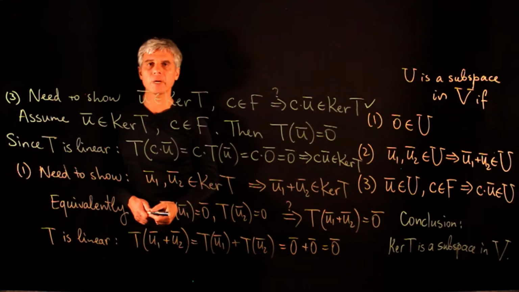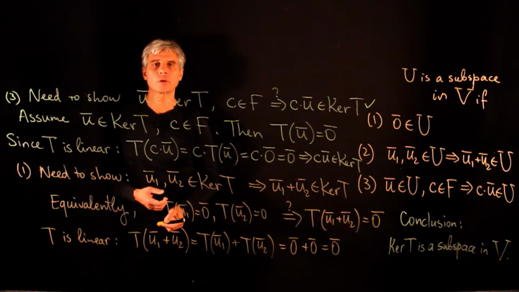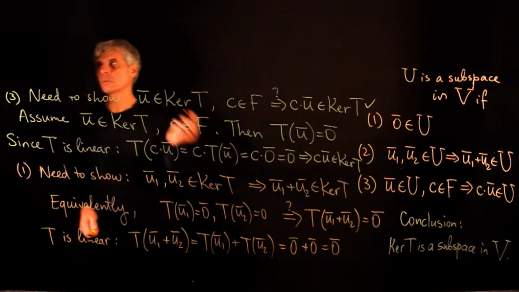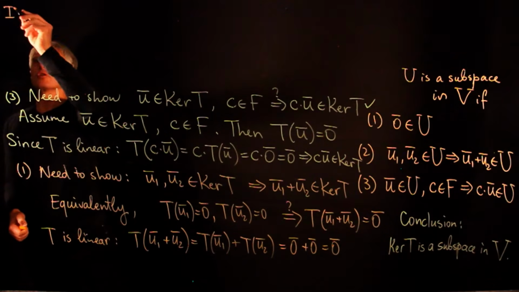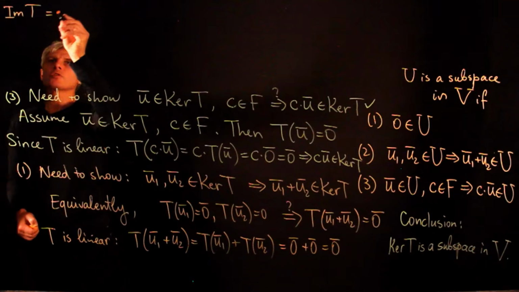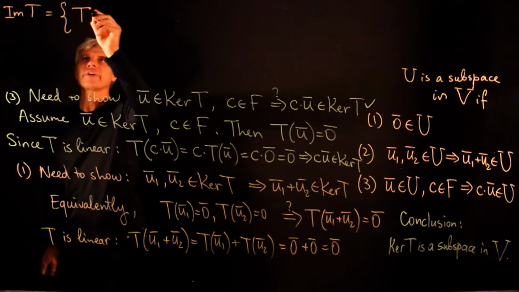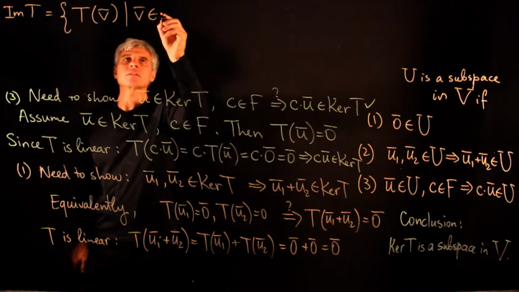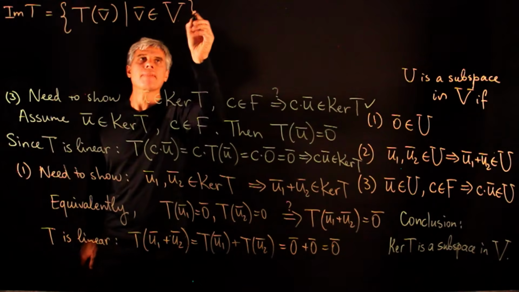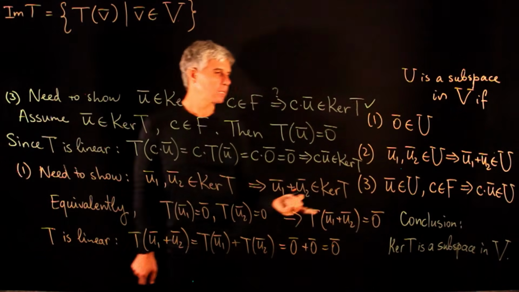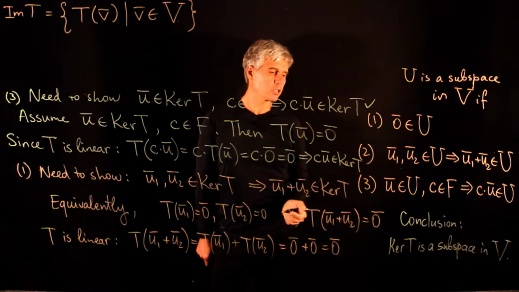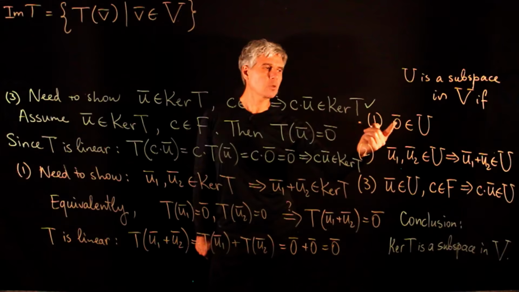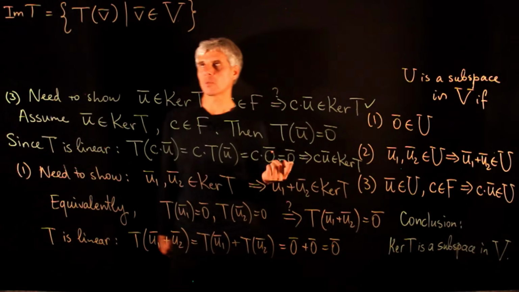Now let us prove part B, so that the image of T is a subspace in W. So we recall what the image of T is. The image of T is a collection of all vectors of the form T of V as V runs over the space V. So to prove that it is a subspace, we need to establish these three properties. So first, the property is that 0 belongs to the image of T. So what does it mean?